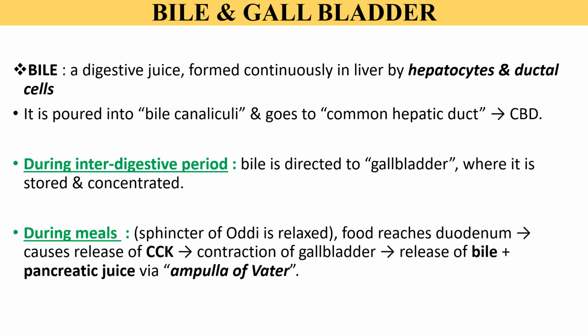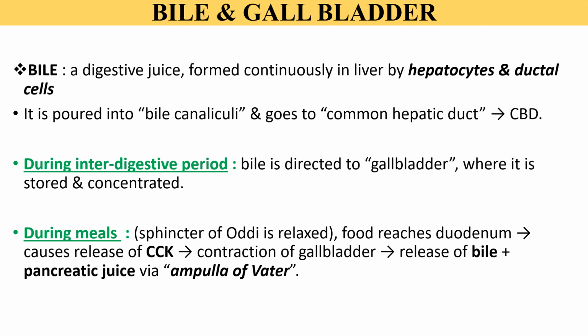Now, let us see the importance of bile and gallbladder in the human body. Bile can be defined as a digestive juice that is continuously formed by the hepatocytes. The bile that is produced in the liver is poured into the bile canaliculi, from where it flows into the common hepatic duct and ultimately into the common bile duct and is stored in the gallbladder.